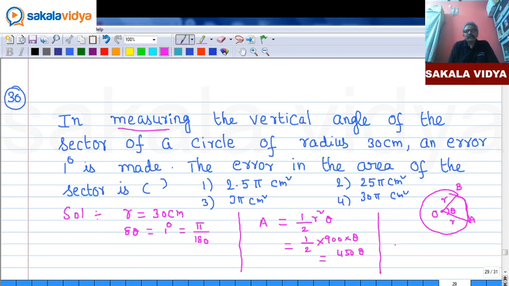Now differentiate with respect to theta: delta A by delta theta equals 450. Now delta A, the error in area, is approximately equal to 450 into delta theta, approximately 450 into pi by 180. The zeros get cancelled. 5 by 2 is 2.5, so 2.5 pi. So the first option is the right option.